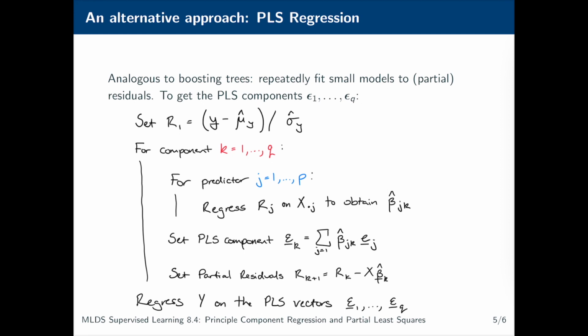So to get the partial least squares components, and these are vectors just like our principal components before, we're going to start by setting our first set of residuals to simply be the standardized y values.